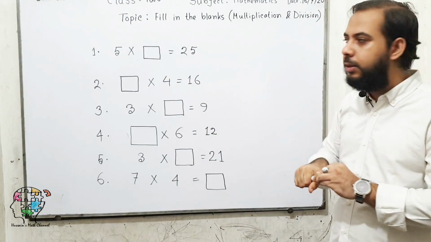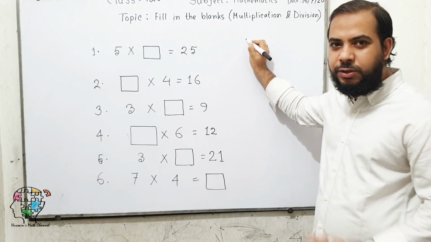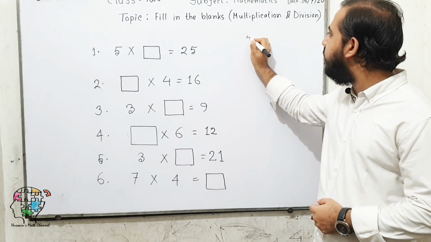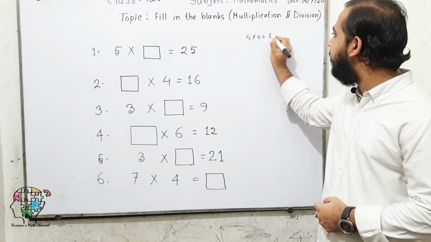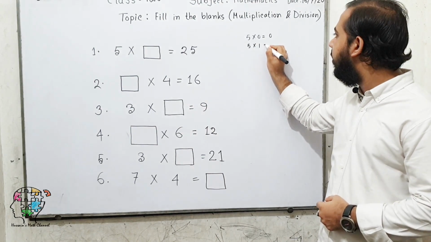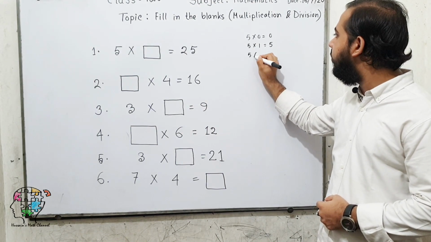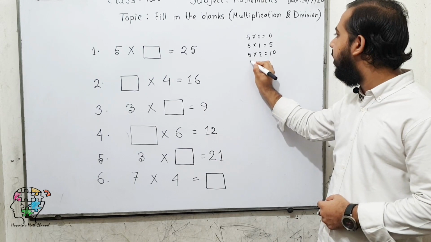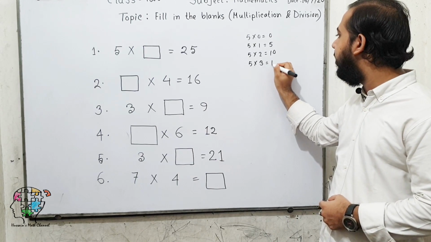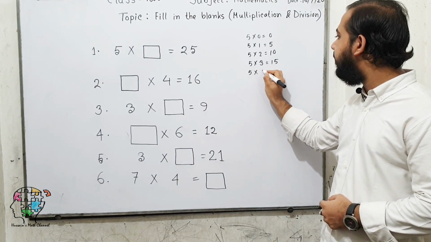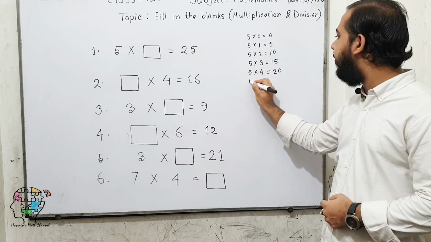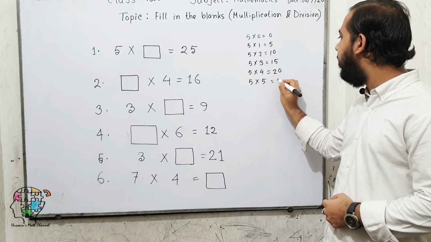For example, 5 zeros are 0, 5 ones are 5, 5 twos are 10, 5 threes are 15, 5 fours are 20, 5 fives are 25.